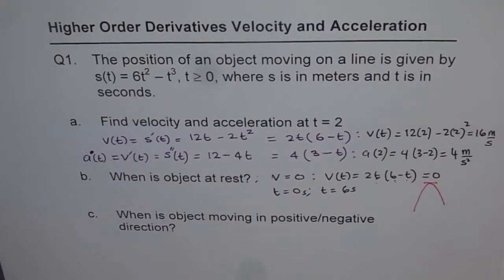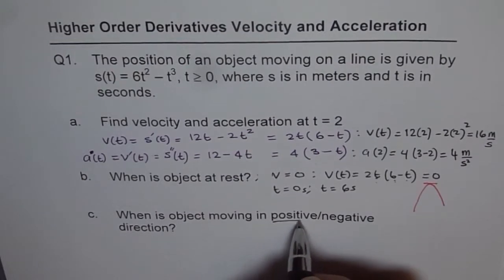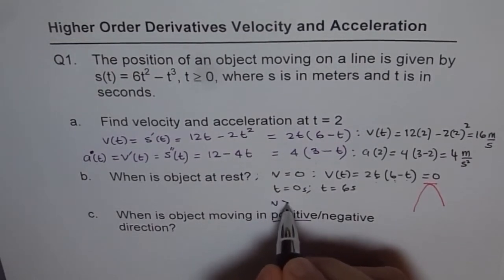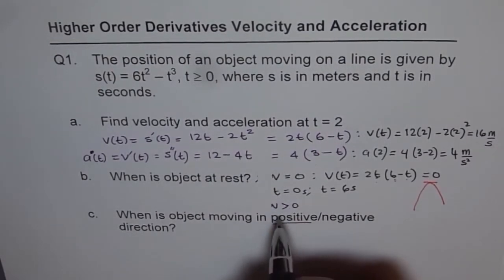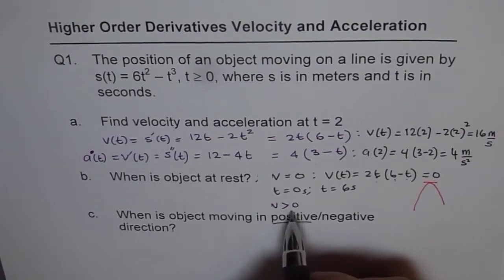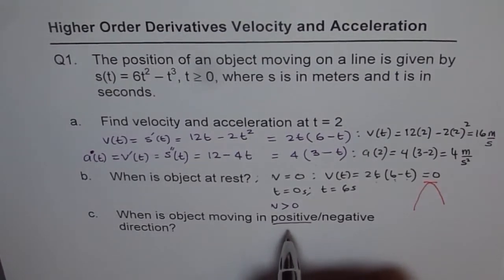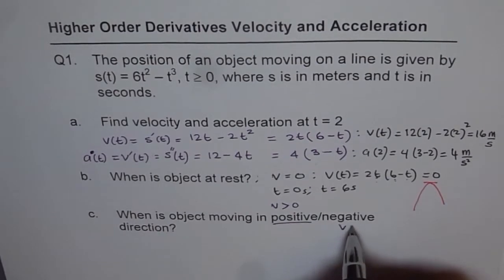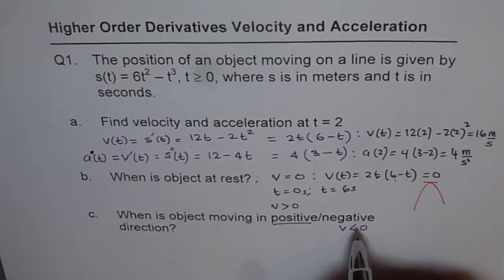Now part C is, when is the object moving in the positive or negative direction? The object moves in the positive direction if velocity is greater than 0. So if velocity is positive, that means you are moving in the positive direction. And if velocity is less than 0, then you are moving in the negative direction.